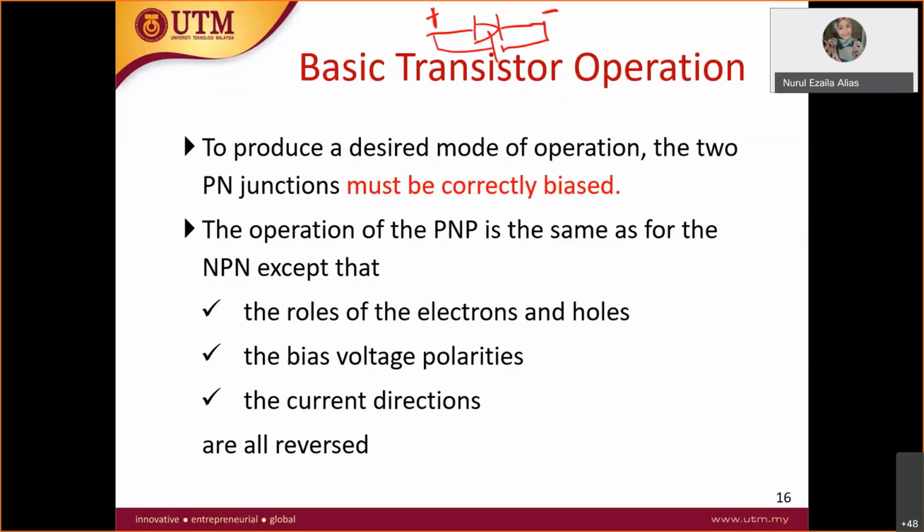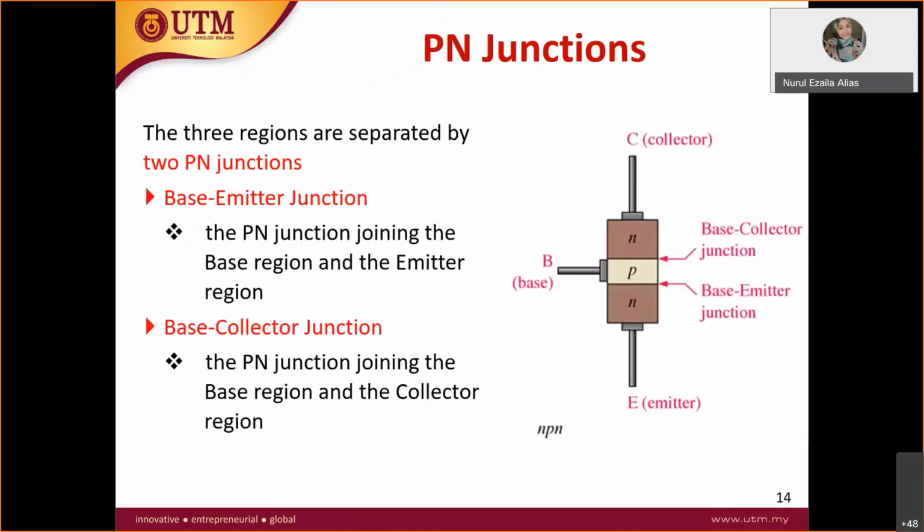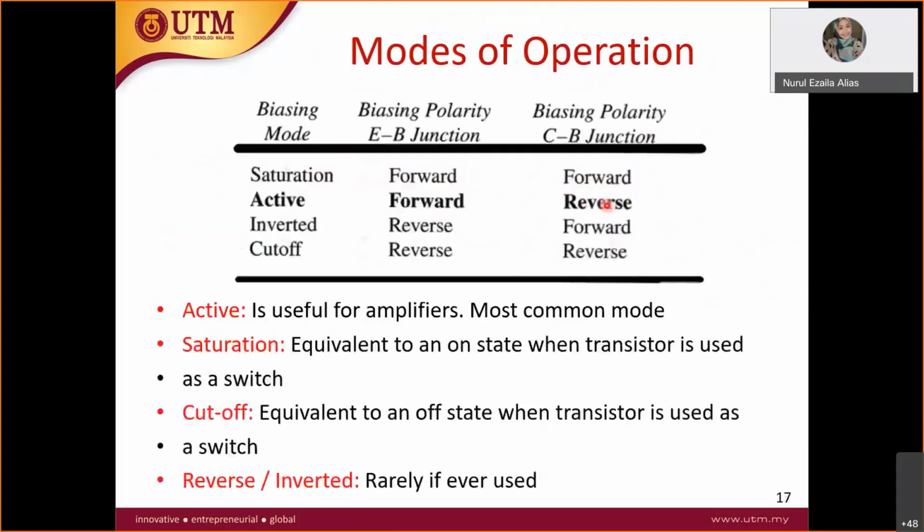So it is the same for your BJT. Since you have two junctions, base to emitter and base to collector, these must be connected properly. Either base positive or base negative, so it depends.